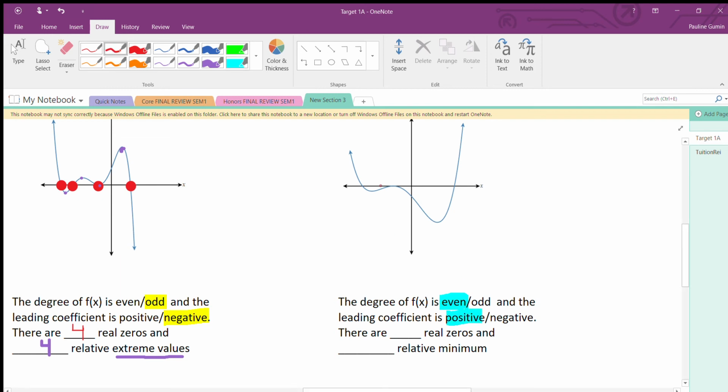Let's label some zeros. Zeros are our x-intercepts, or where we cross or touch the x-axis. There's 3 zeros. And I'm asking you about relative minimums. These are the bottom of the U shape. So there are 2 relative minimums.